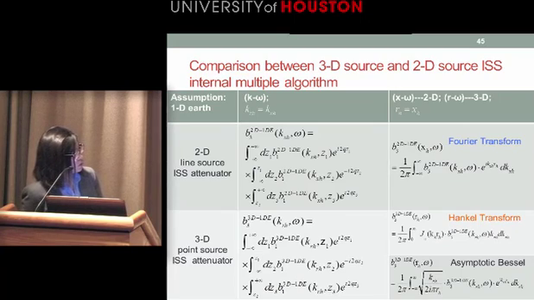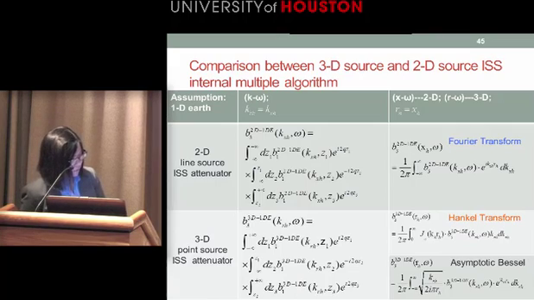And for the 3D source, this is the reduced form. These two forms look similar, which is good news for us because we don't have to modify the main part, the multiple prediction part in the frequency domain. But when you come back to the spatial domain, you need to do the inverse Hankel transform, or you use some asymptotic form of the Hankel transform.